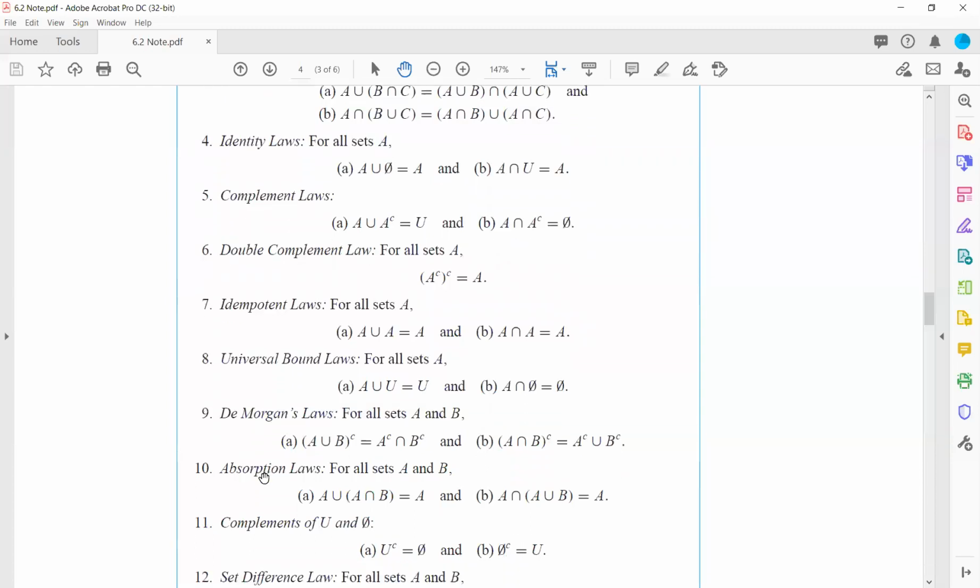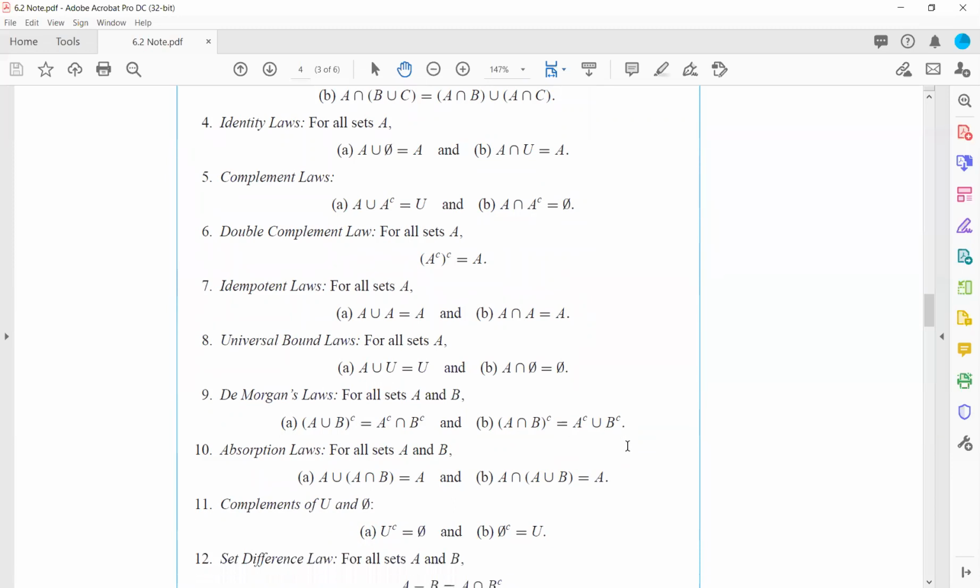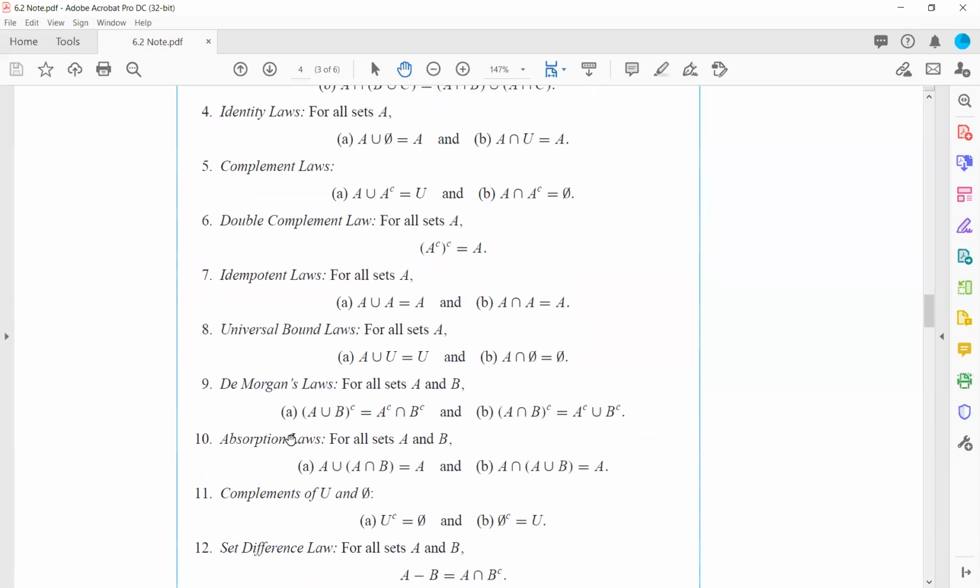We also have De Morgan's laws, as we had for logic and propositions. Here, the complement of the union of two sets is the intersection of their complements, and the complement of the intersection between two sets is the union of their complements. Well, absorption laws.